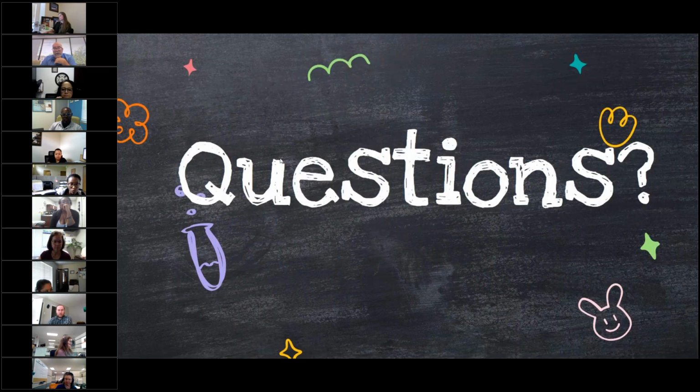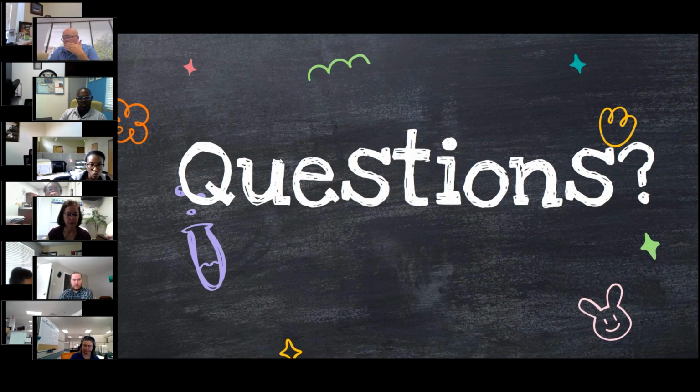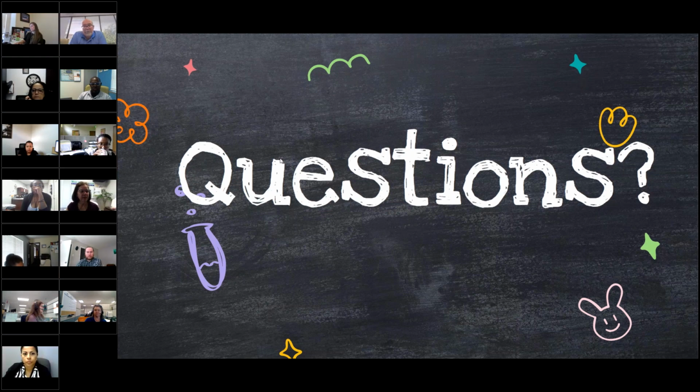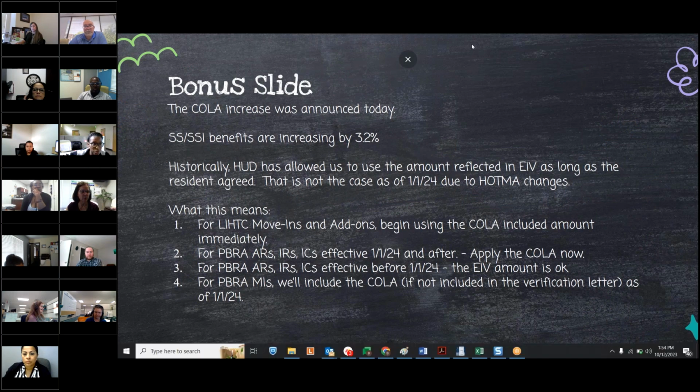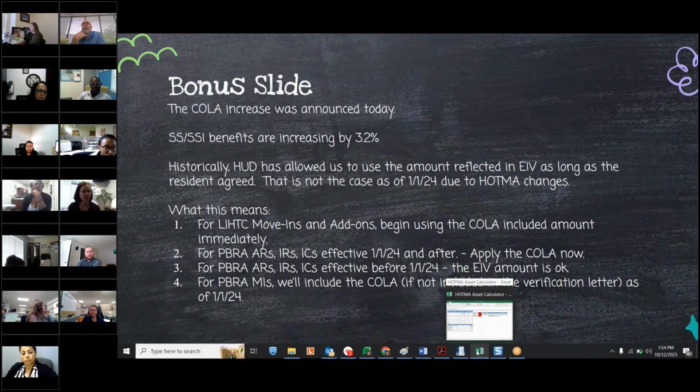Any questions? So we're just going to calculate 3% more than they're getting, or do we need to get another letter after January? For EIV, if the resident agrees, so ARs and IRs, you're going to be using EIV.